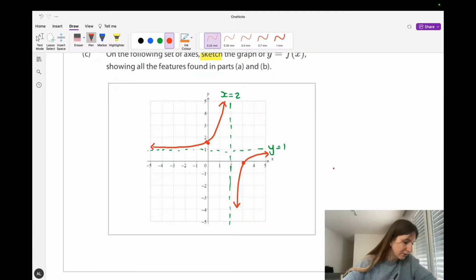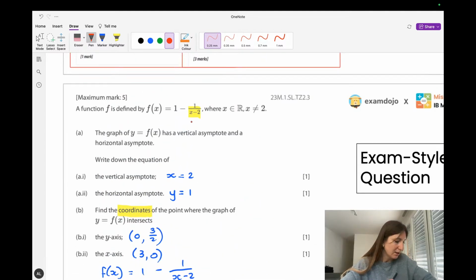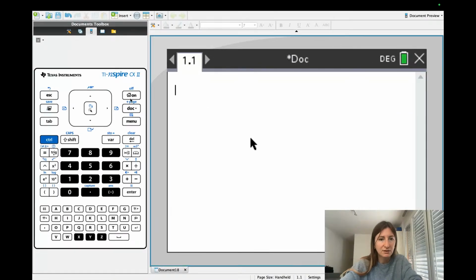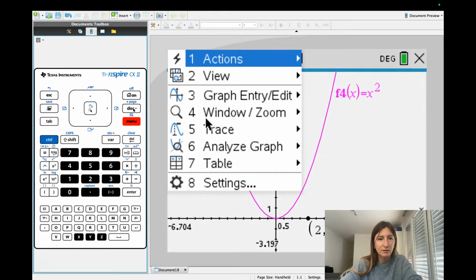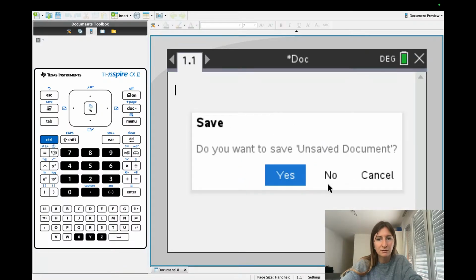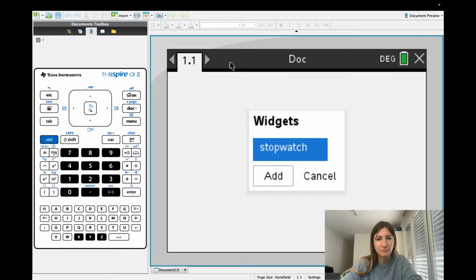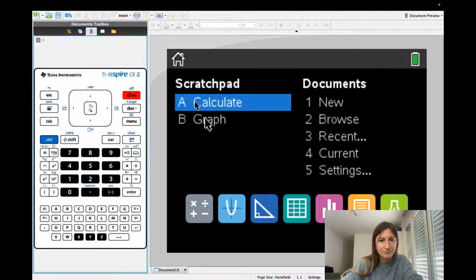So your question, how could we get the graph in the calculator if asked? I guess you mean how to graph it on the calculator. So I would take this 1 minus 1 over x minus 2. Let's graph it, and this applies to any question. I want a new document. I do not want a stopwatch. Sorry.